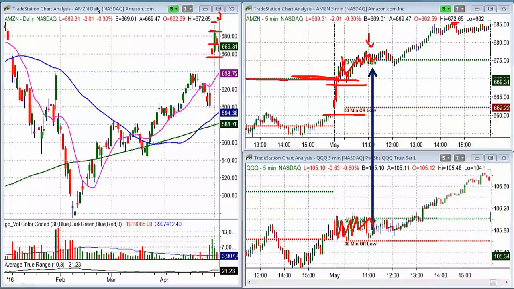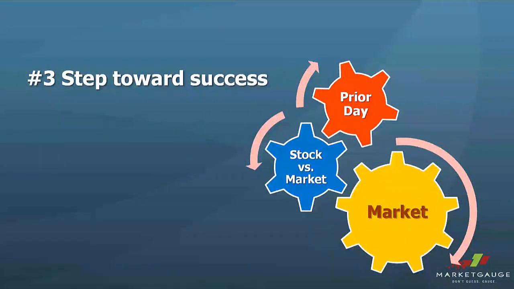So I took profits at the end of this day because it was bumping up against the big number up there. So $15 or $10 into it in the day, take some profits. Now if it pulls back, which it has, I have the opportunity to either buy it back or that position is profitable and I can have a wider stop. All right. So that's the stock versus the market.